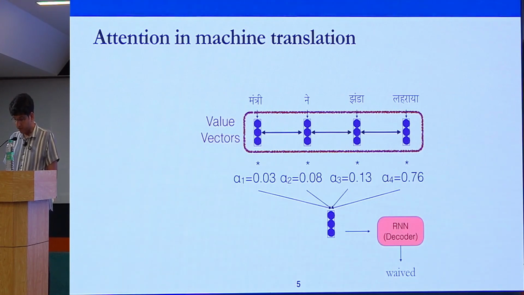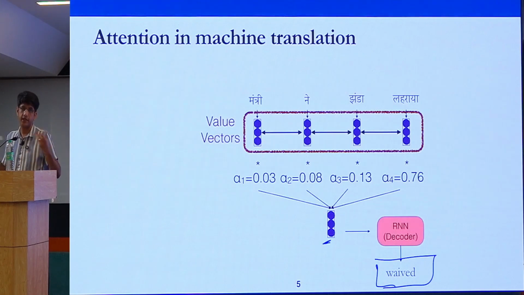And using this weighted sum, you will make the prediction for what is the next word. It turns out that the next word is waved, because that is what the model had chosen to look at. Leheraya corresponds to waved in English, sorry. And I think you are now hopefully beginning to see how this mechanism lets you dynamically choose which portions of the source sequence you can attend to.